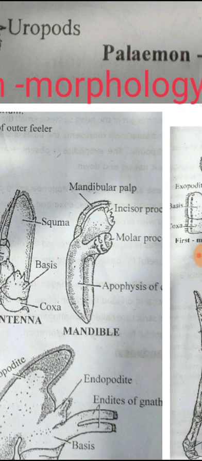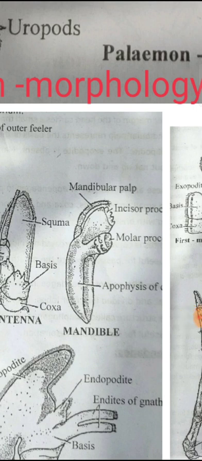The third one is the mandibles, useful for mastication. The fourth one is the maxillae, used for passing food to the mouth. And the fifth pair, the second pair of maxillae, is used for feeding and respiration. These are the cephalic appendages.